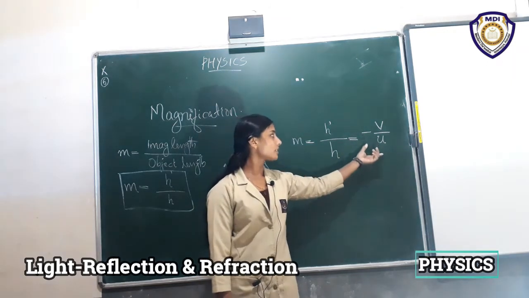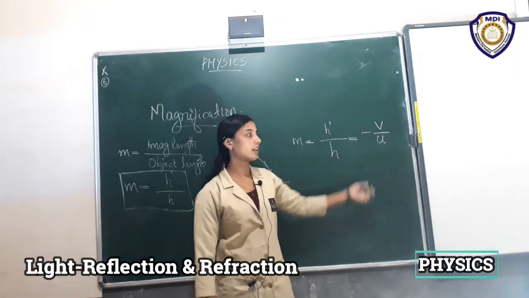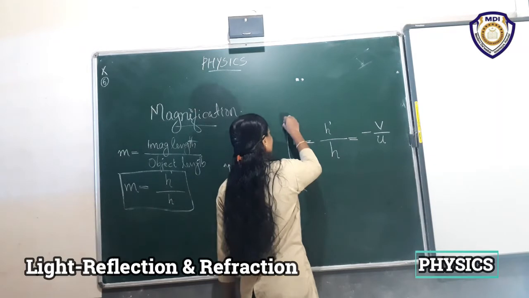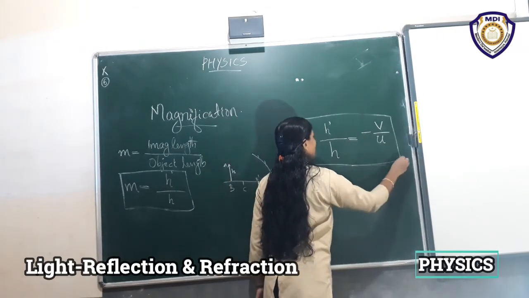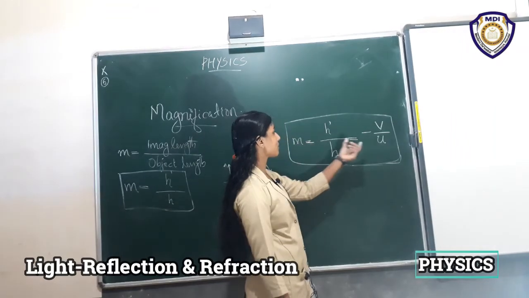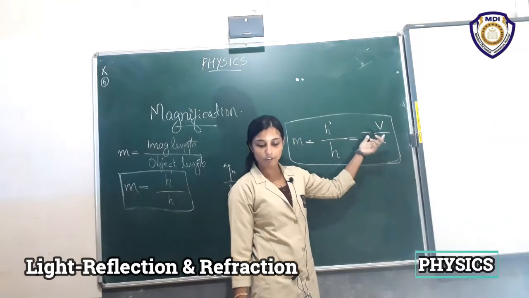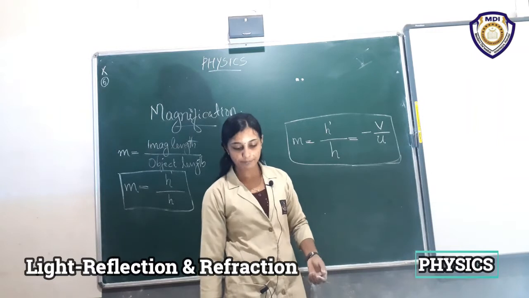So this relation you should keep in a box: magnification is also equal to minus v by u.